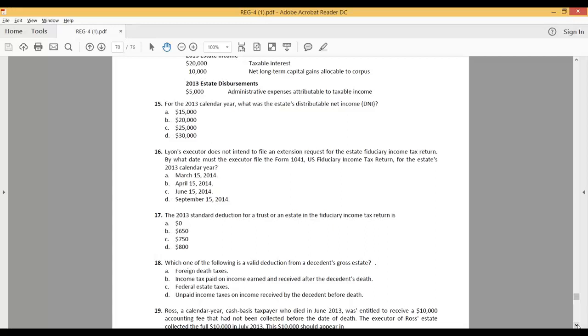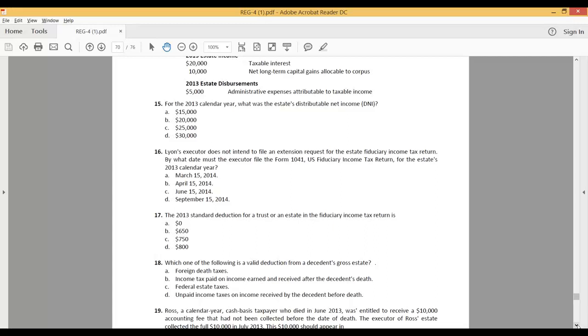D. Yes. Why is it D? It's unpaid income taxes on income received by the decedent before death. It is a liability. Exactly, absolutely right. So this is a liability that the estate has to pay, and therefore that reduces the gross estate.